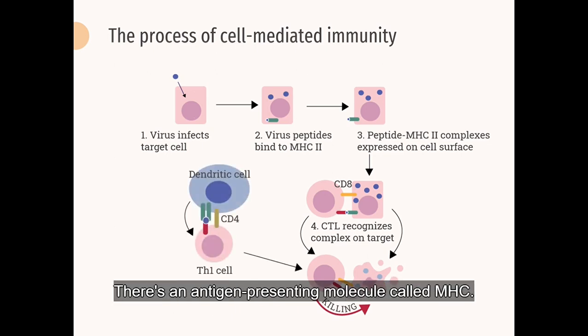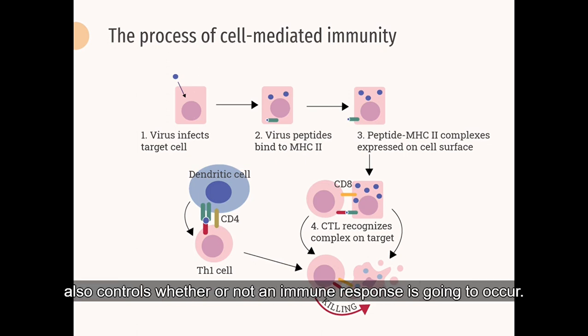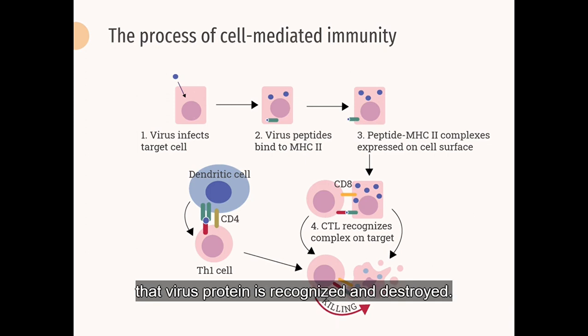There's an antigen presenting molecule called MHC whose job is to present these proteins, these peptides to the T cells, and that also controls whether or not an immune response is going to occur. But essentially, a virus-infected cell sends a sample of the virus protein to the cell surface. That virus protein is recognized and destroyed.